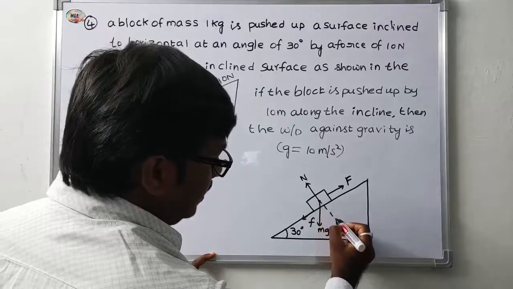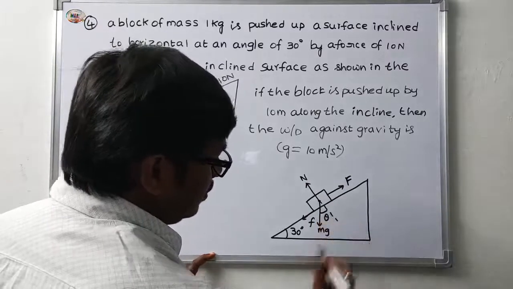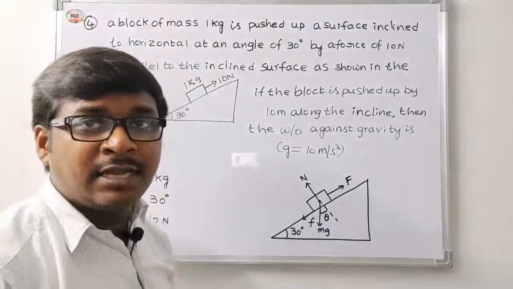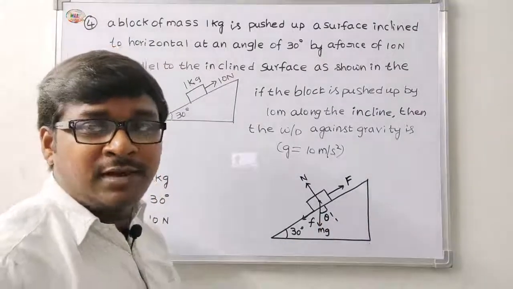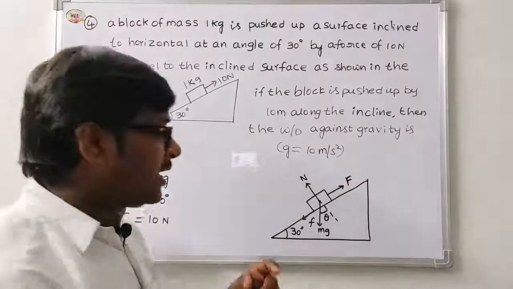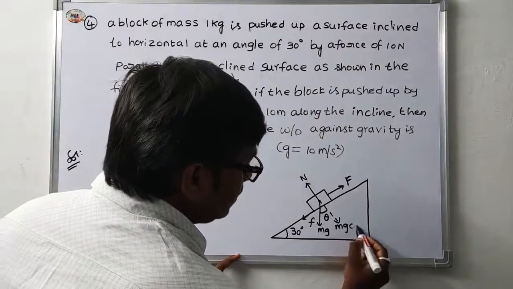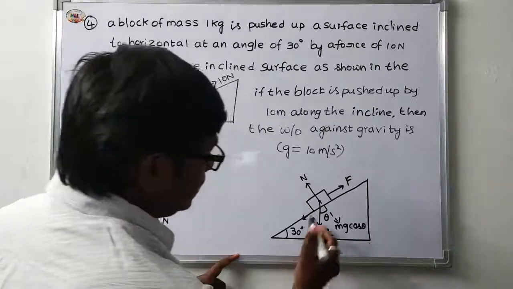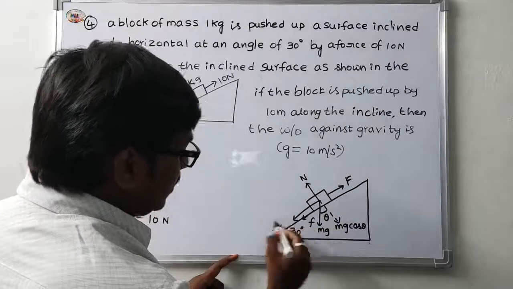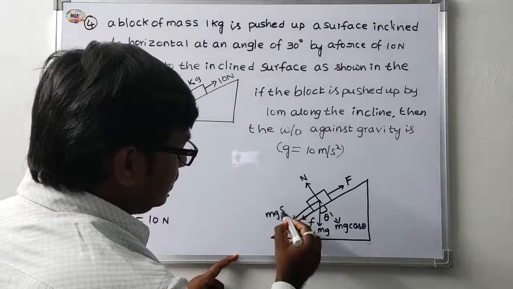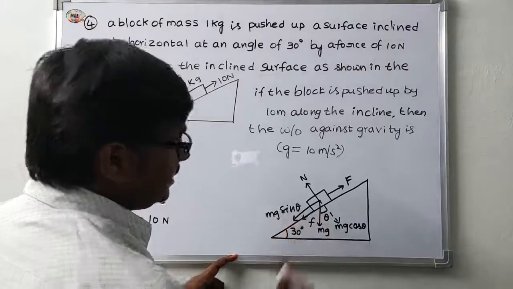Make an angle theta. This theta angle is resolved into two components. First one is the horizontal component, second is the vertical component. The horizontal component is mg cos theta. This is the vertical component, mg sin theta.